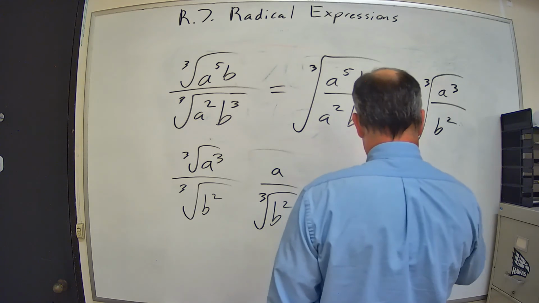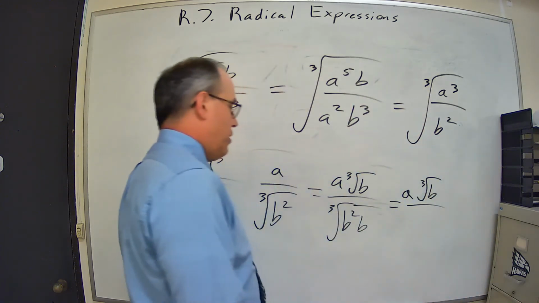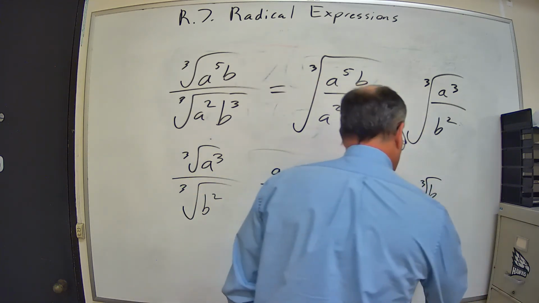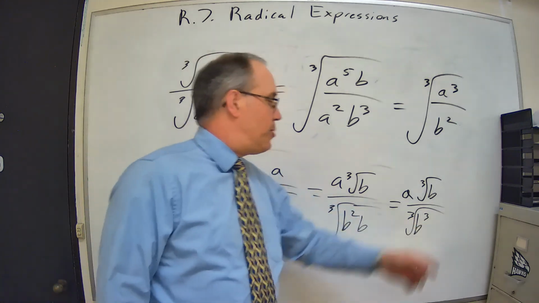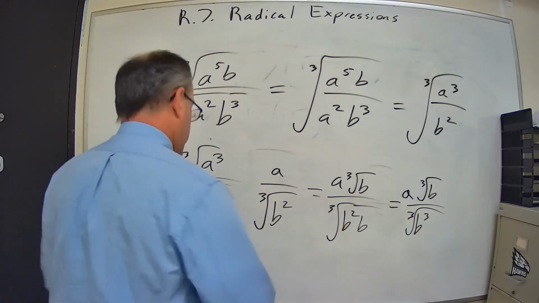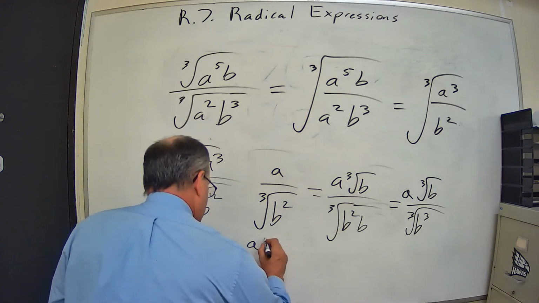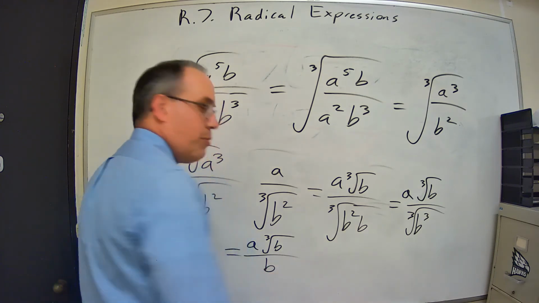So that's a cubed root of b over the cubed root of b cubed, which the cubed root and cubed cancel out, giving me a cubed root of b over b.